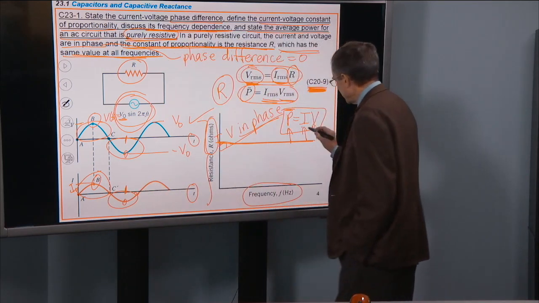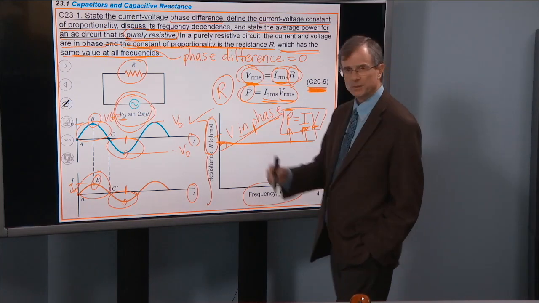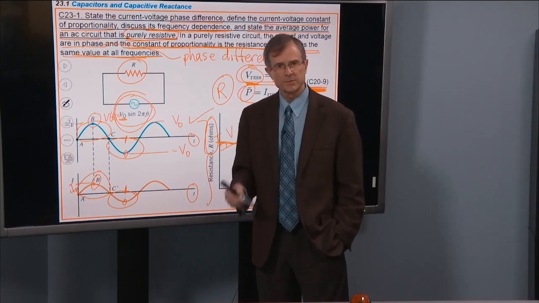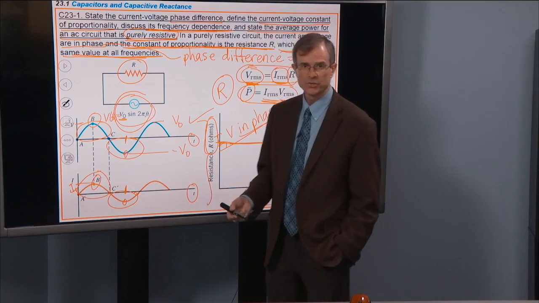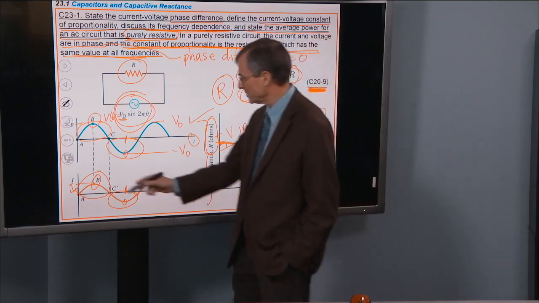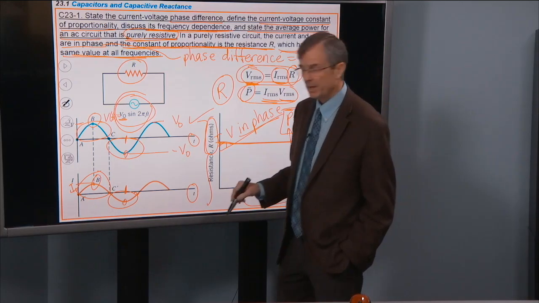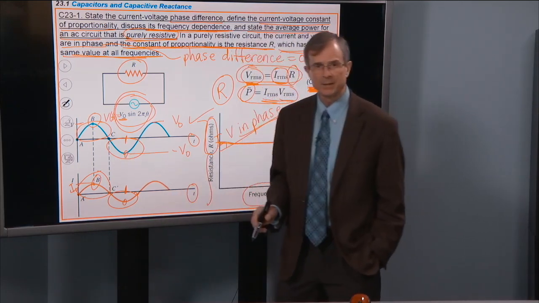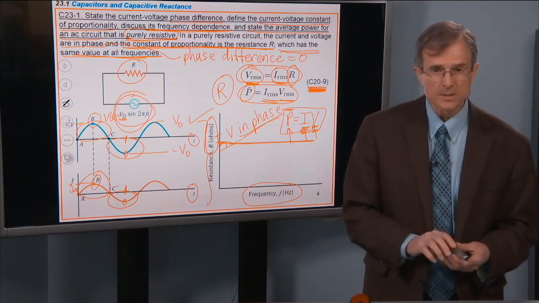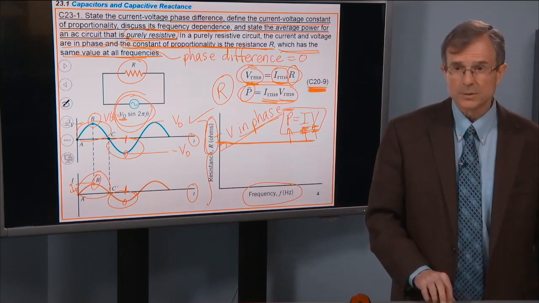And if you're multiplying the current by the voltage, a negative times a negative gives a positive. So you're always going to get a positive number when you multiply these two time-dependent quantities together, and you'll get an average power out of the deal. Not so with capacitive and inductive circuits.